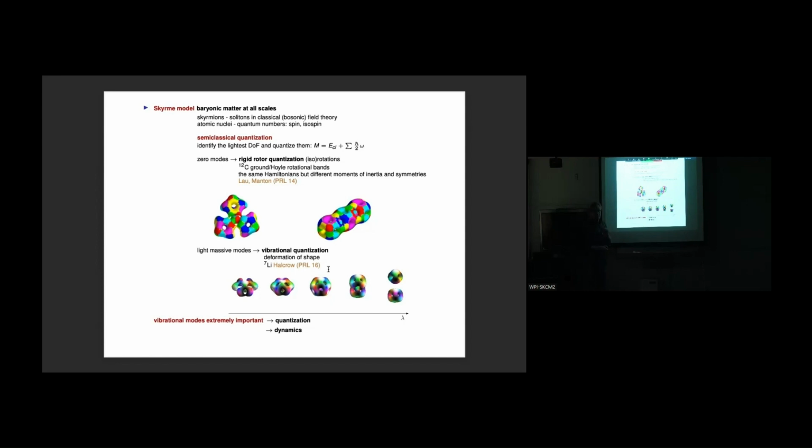Okay? But as you have a quantum object, you have to also include these non-zero energy excitations. And if you include them, you get a perfect agreement with the excitation states of lithium-7. Okay, and that was a big breakthrough in the Skyrme model, almost 8 years ago, by Chris Halcrow.